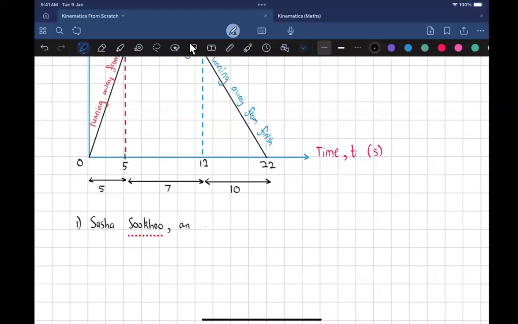an aspiring athlete, is attempting to beat Usain Bolt's record.